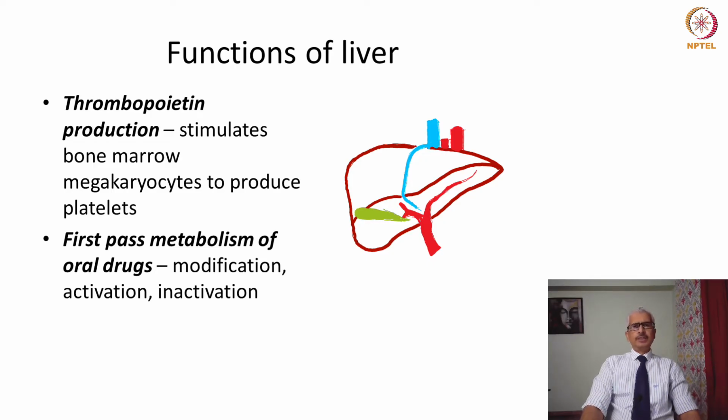Liver is also one of the most important sites for metabolism of various drugs. In addition, the first pass metabolism of oral drugs also happens in liver, where they are either modified, activated, or inactivated.